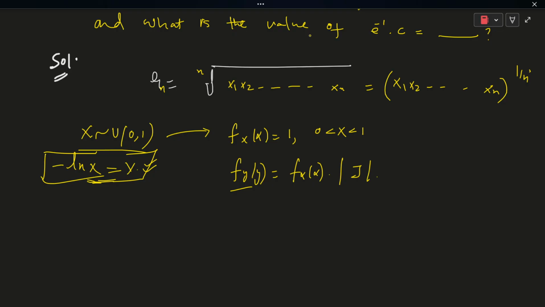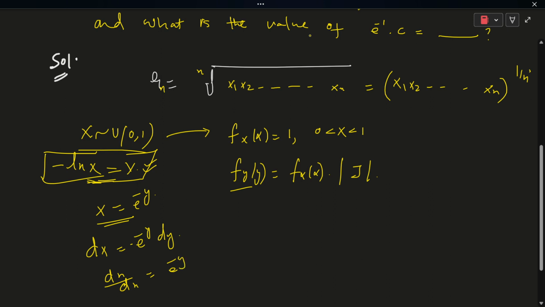So from here, x is equal to e raised to the power minus y. Now find dx, which is minus e to the power minus y dy. So dx upon dy is minus e to the power minus y, and when we take the mod it becomes e to the power minus y only.